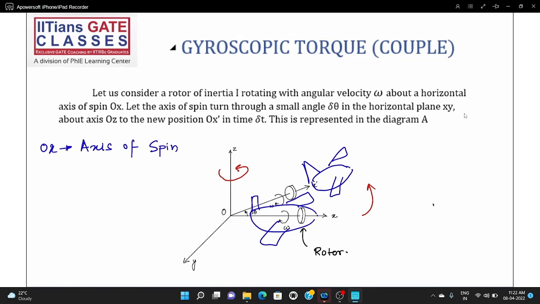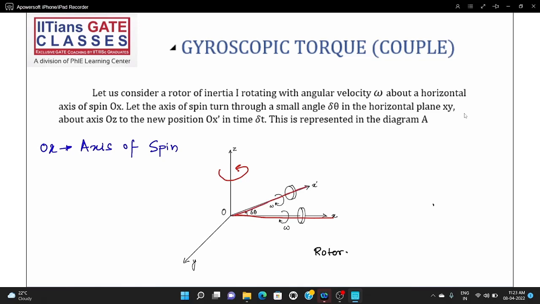So OZ is the axis about which the axis of spin is turning. The axis of spin had a change in its direction about OZ. So the next axis we are concerned about is OZ, and it is known as the axis of precession.